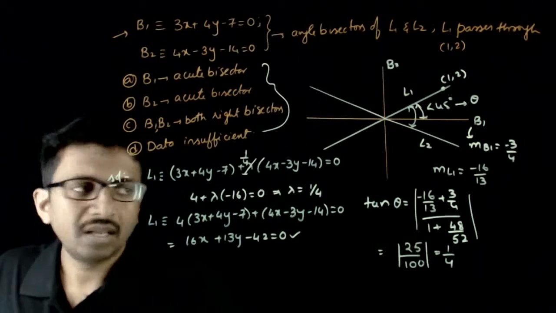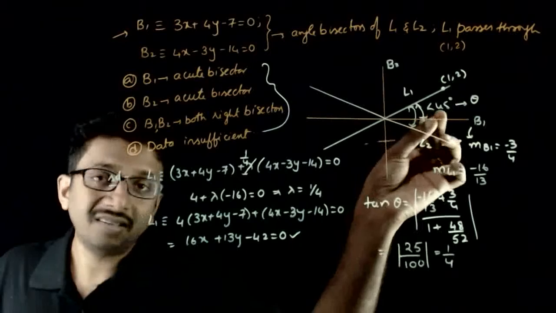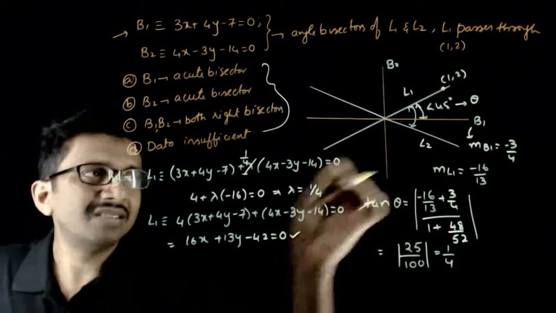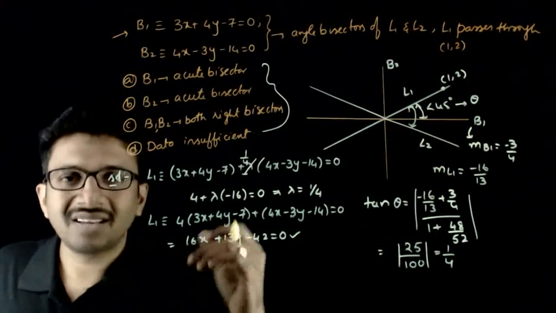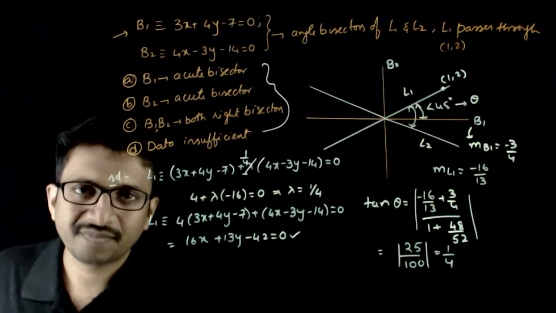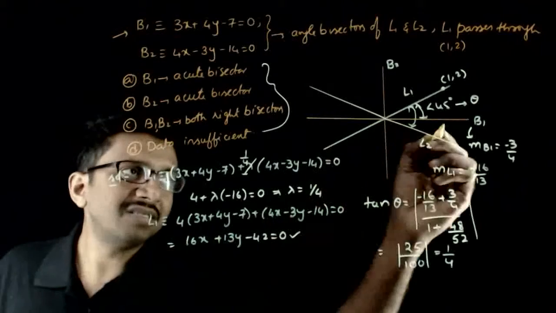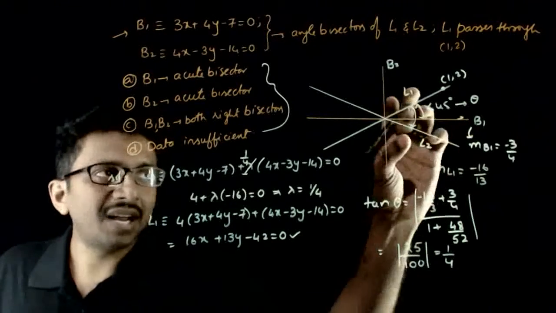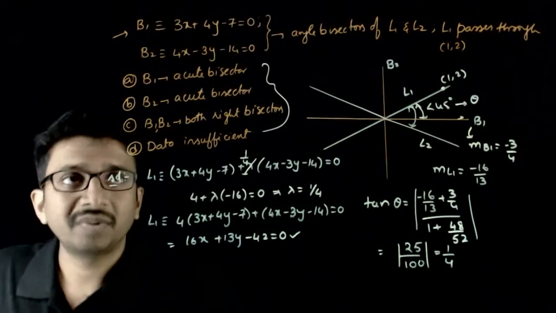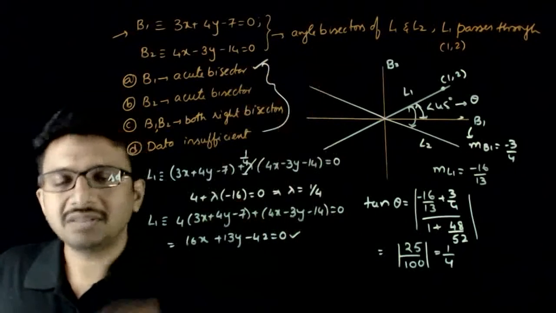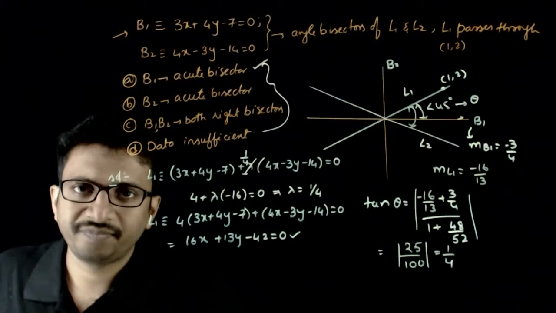So the magnitude of tan theta is less than 1. That means magnitude wise this angle is less than 45 degrees. That means B1 is the acute angle bisector between L1 and L2. So the first option is right in this case.